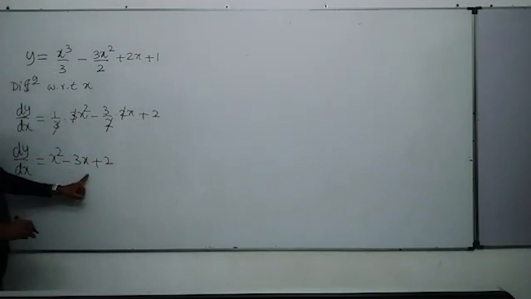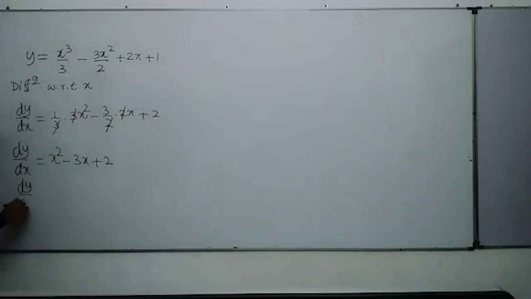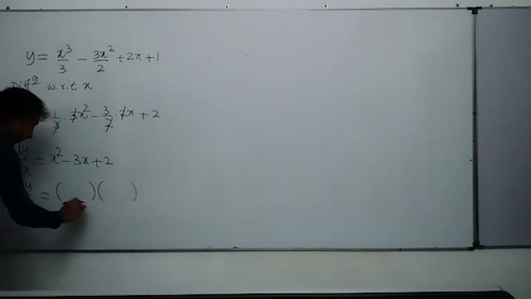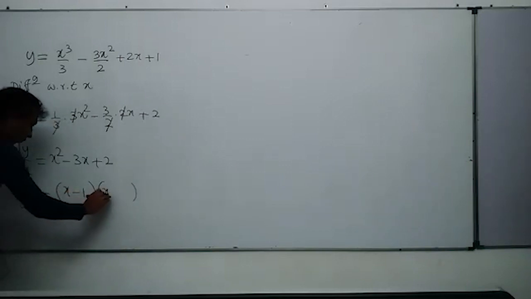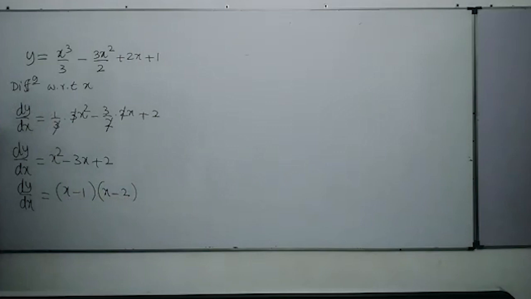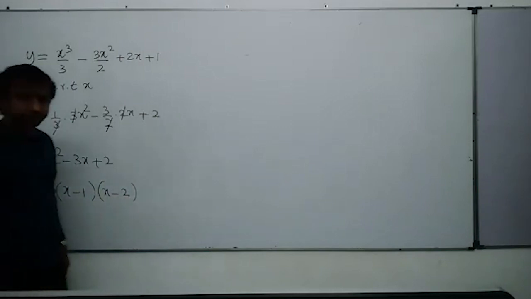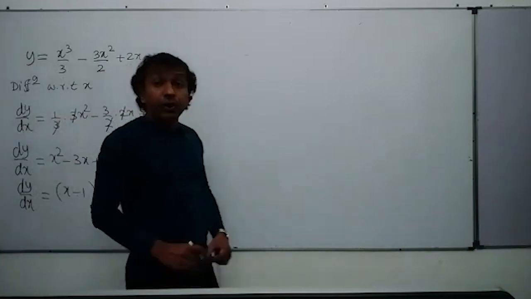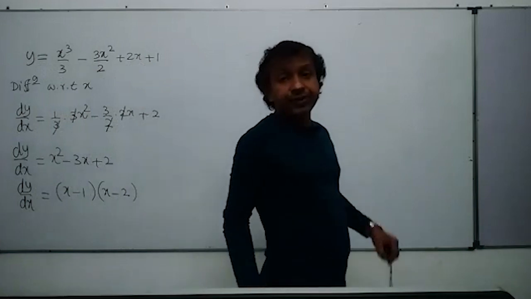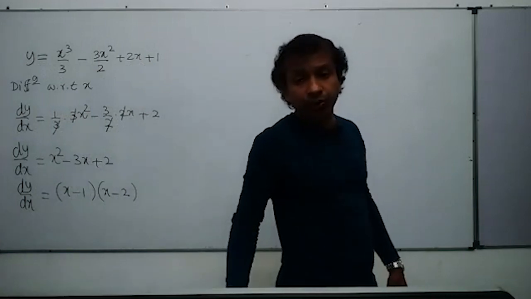People, we can factorize this. Dy by dx is equal to x minus 1, x minus 2. Right. Now we know at the stationary points dy by dx becomes 0, people. Right.